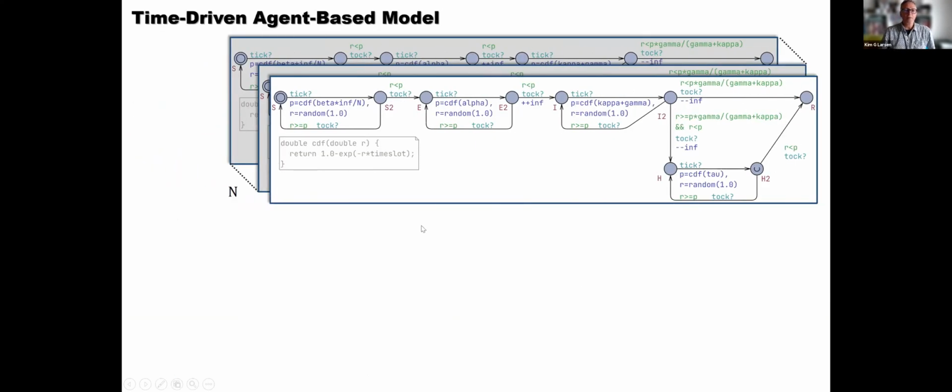So we will have a time-driven model instead, where still we have the 1,000 or 10,000 persons, and the time tick might be 4 hours or 1 hour. In our analysis, it's 4 hours.